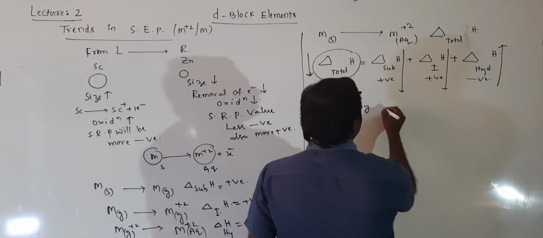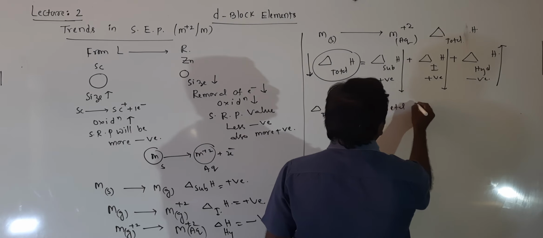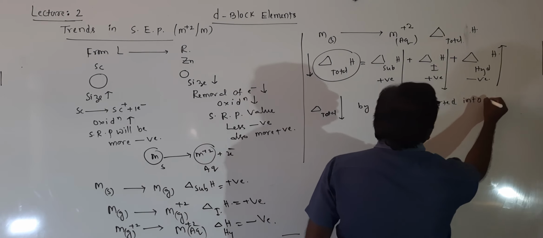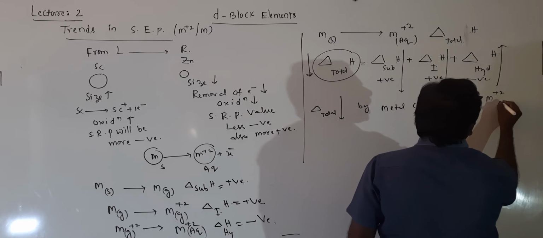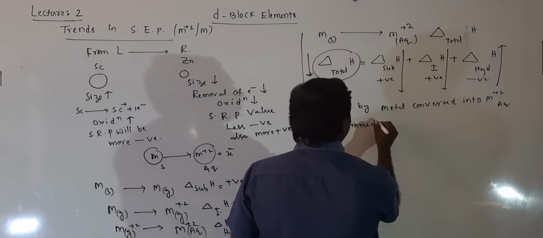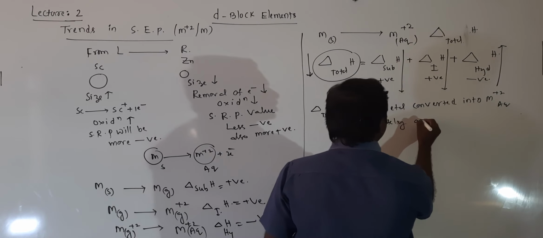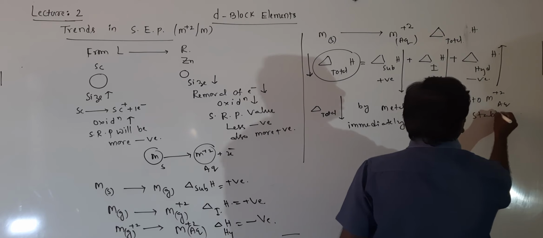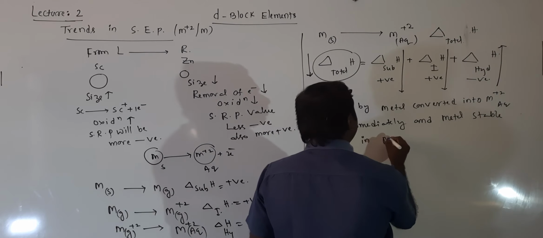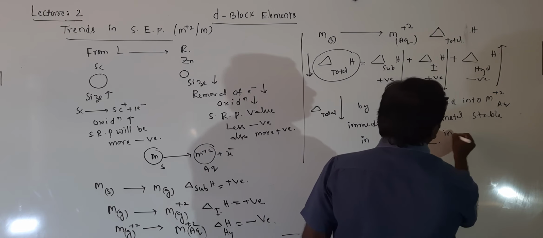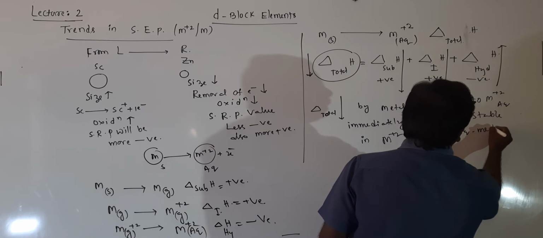It means metal is converted into M plus 2 aqueous immediately, and the metal is stable in the M plus 2 oxidation state in aqueous medium.